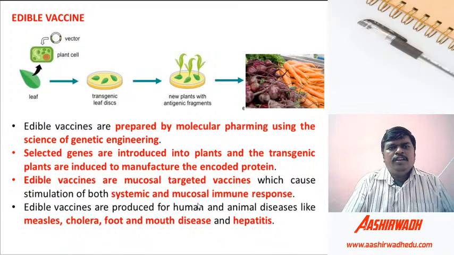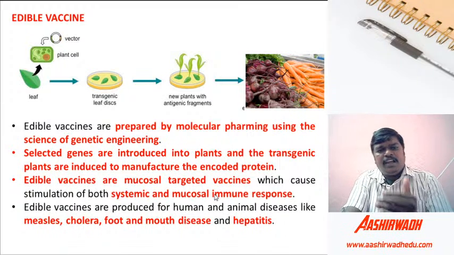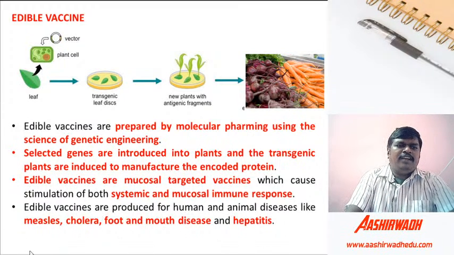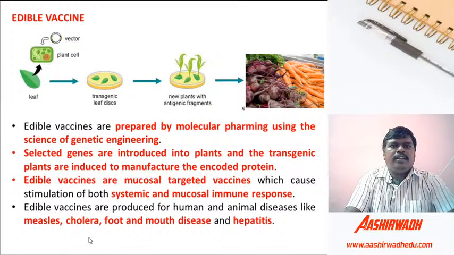Edible vaccines are mucosal targeted vaccines used for both systemic and mucosal immune responses. Mainly these edible vaccines are used for measles, cholera, foot and mouth disease and hepatitis. That is called edible vaccines.